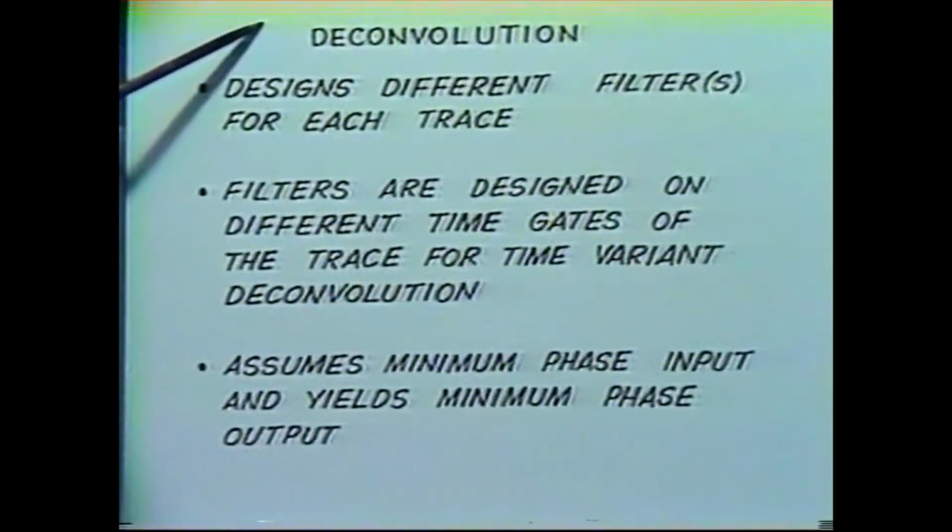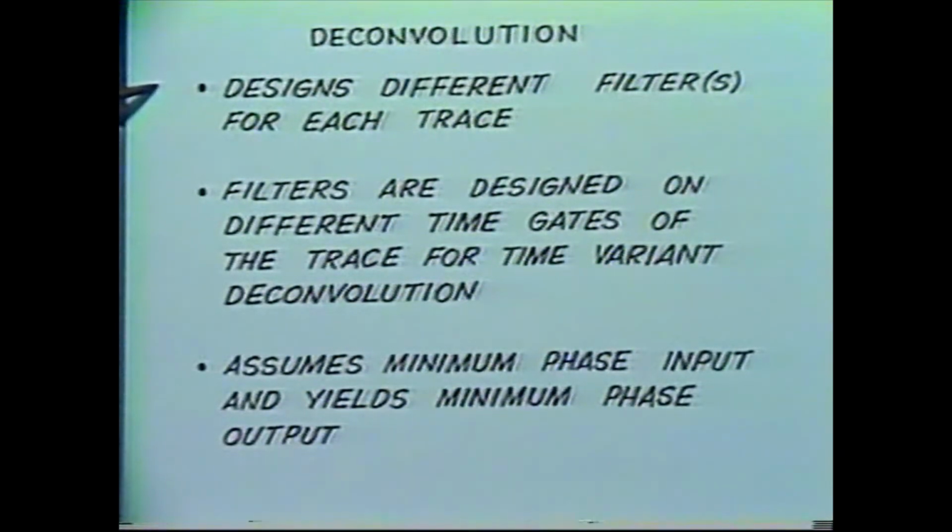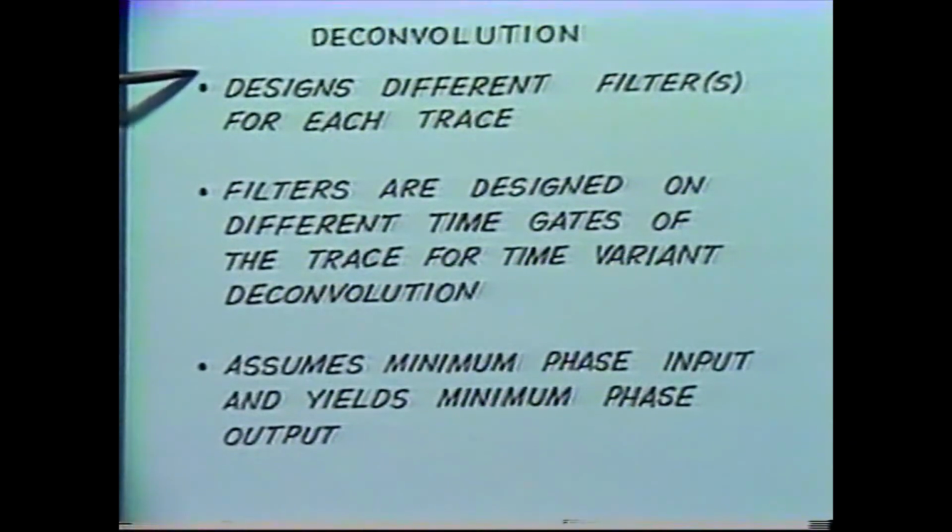Just to summarize some of the aspects of deconvolution, a different filter is designed for each trace, and sometimes several filters are designed for a single trace in a time-variant manner.